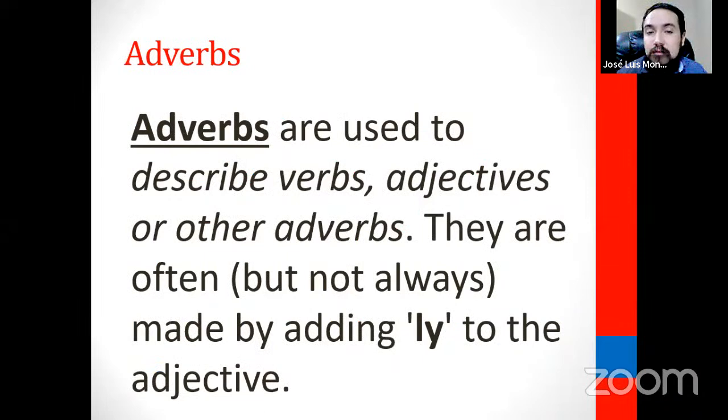Now, adverbs, on the other hand, are used to describe not nouns or pronouns, they describe verbs, adjectives, or other adverbs. I mentioned this before, I think, that perhaps 90, 95% of the adverbs end in ly. And an adjective can be changed to an adverb if we add the ly.